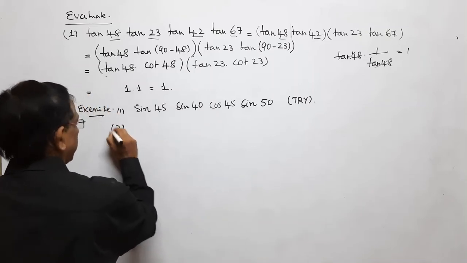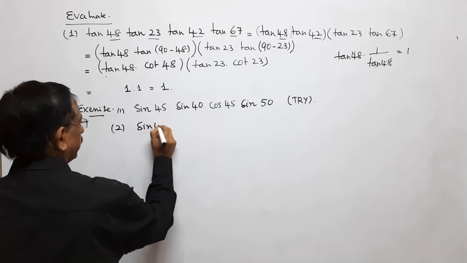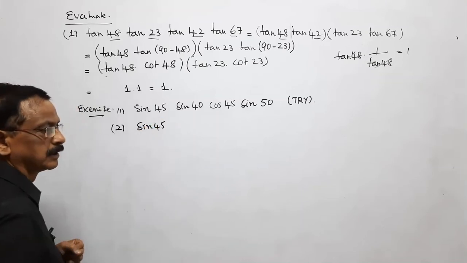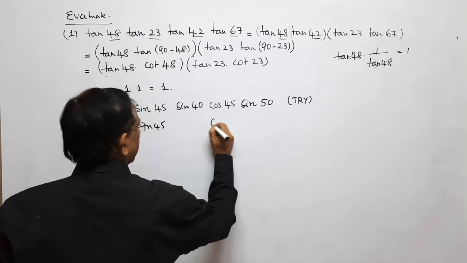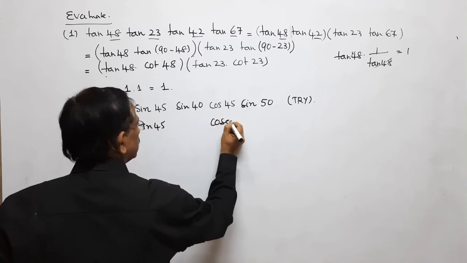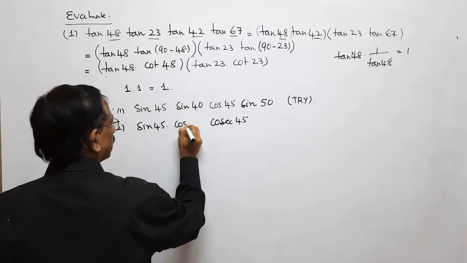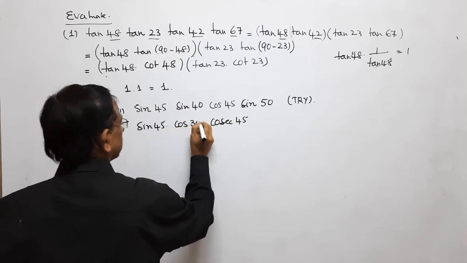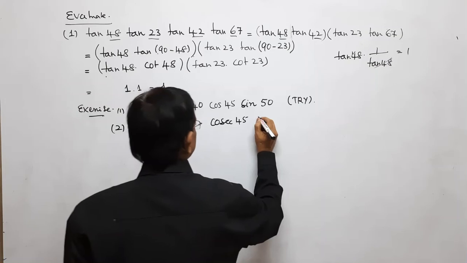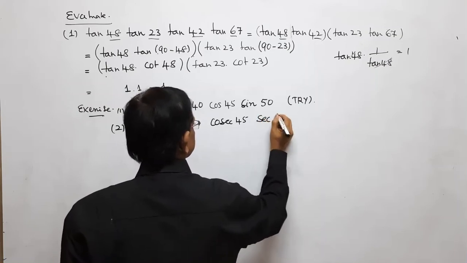But what I can write down is sine 45 and here cosecant 45, here cos 30, and here secant 60.